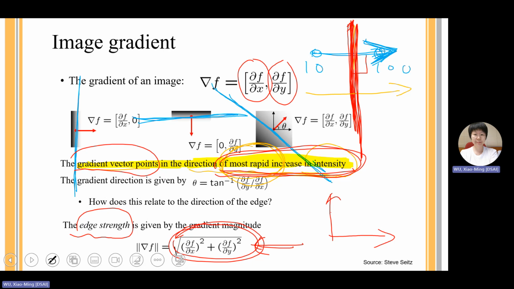And this represents edge strength. So if the change is from 10 to 100, then we have fx maybe 90, and this represents a significant change along the horizontal direction. And this represents the edge strength.